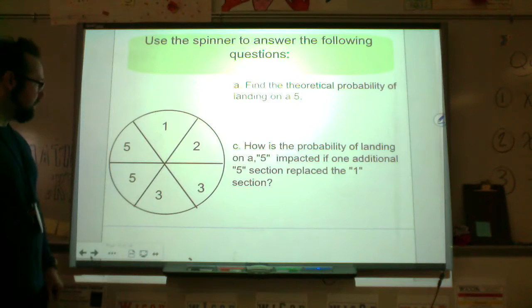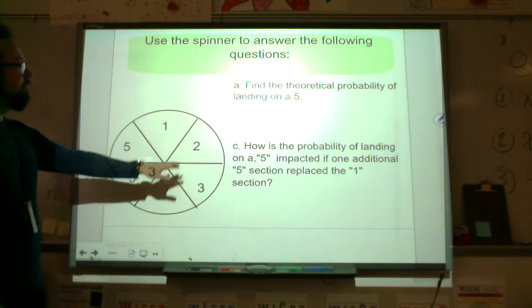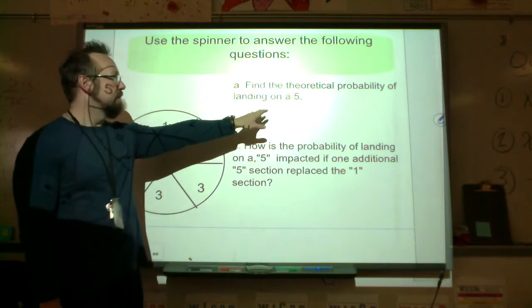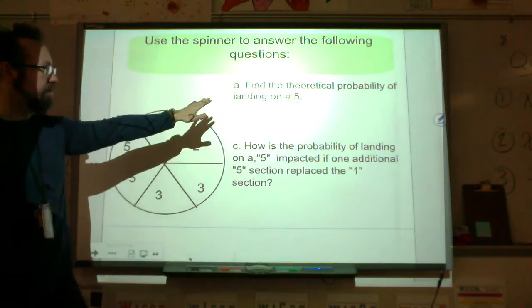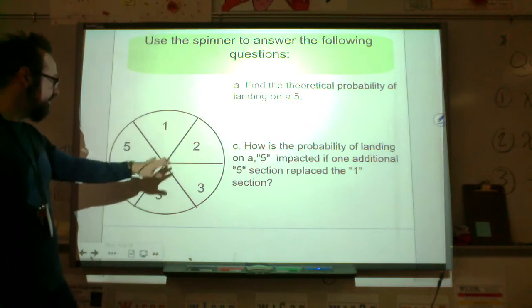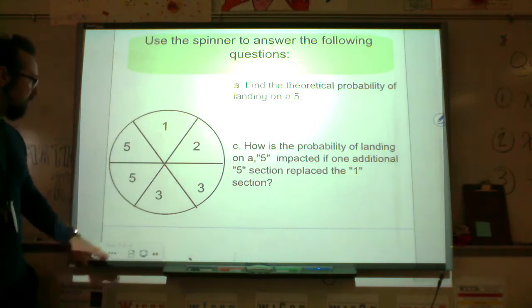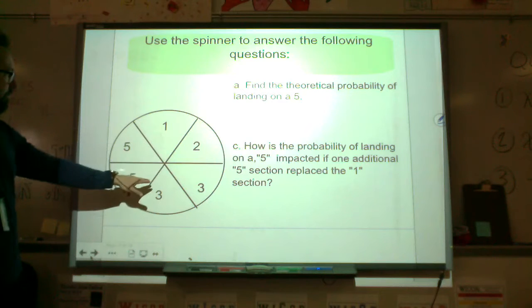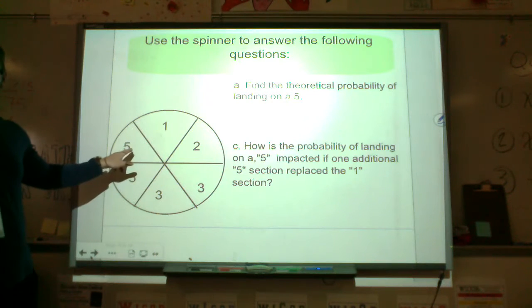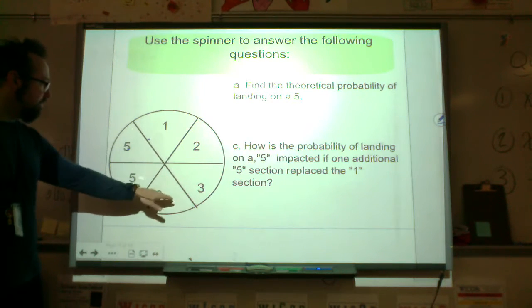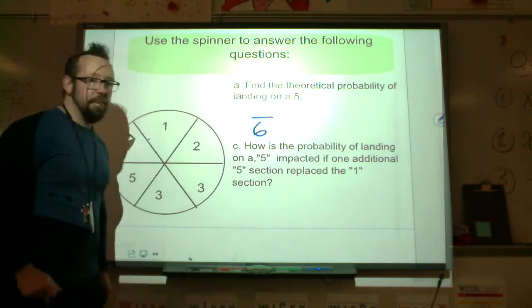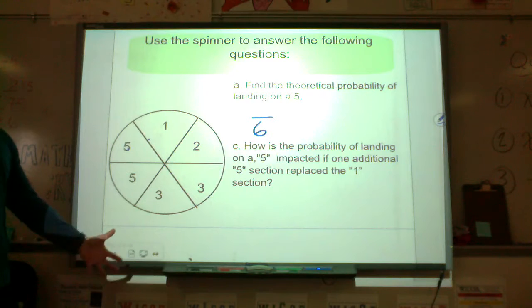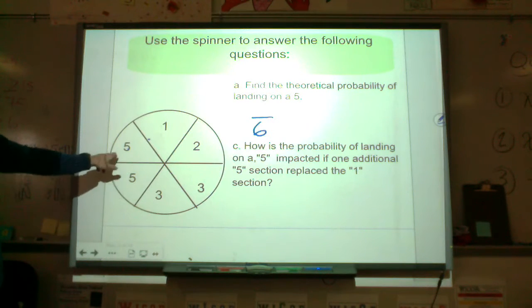Okay, so we're going to use this spinner here. Find the theoretical probability. Don't let the word theoretical hang you up too much. What is the probability of landing on a 5 here? Again, how many total spots do we have? 1, 2, 3, 4, 5, 6. So 6 is my denominator because there's 6 total outcomes. And how many have 5? Well, you have to look carefully.